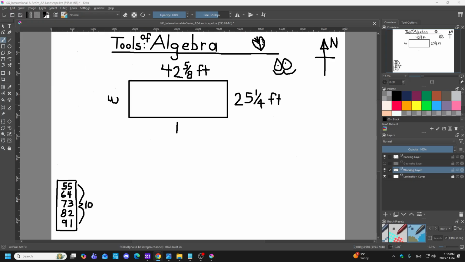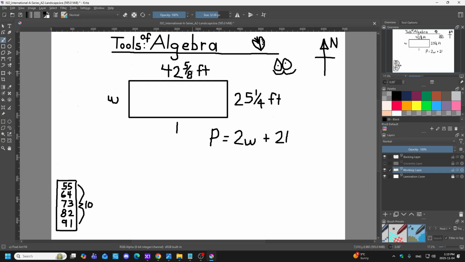Again, you're going to solve for the perimeter. Perimeter equals 2 times W plus 2 times L for length.